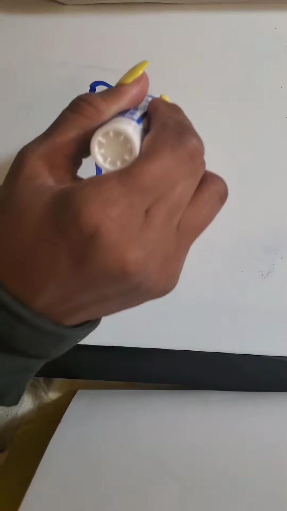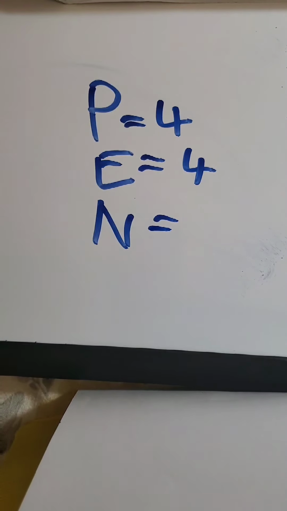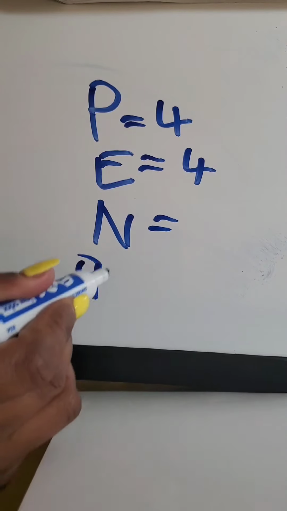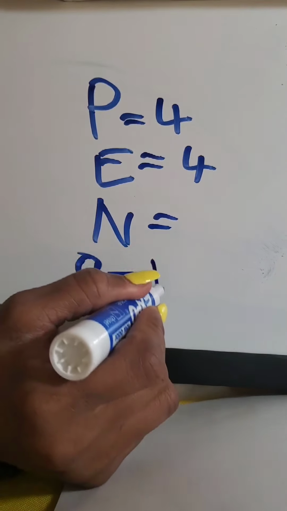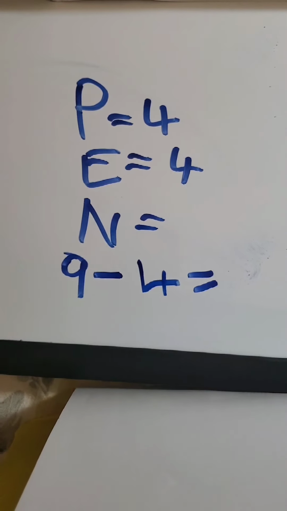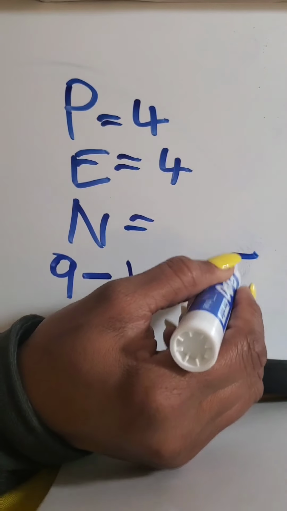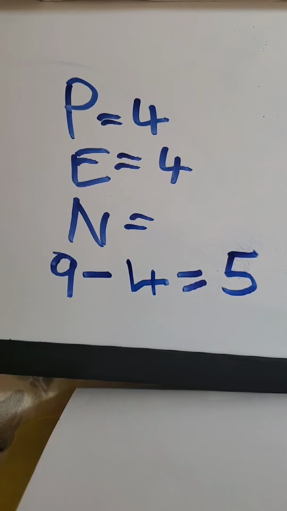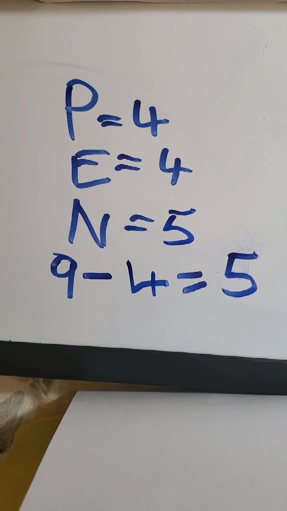So the number of protons and electrons would be 4, seeing as the atomic number is 4. And we just subtract the 4 from the 9, and we're going to be left with 5. So therefore our number of neutrons will be 5.